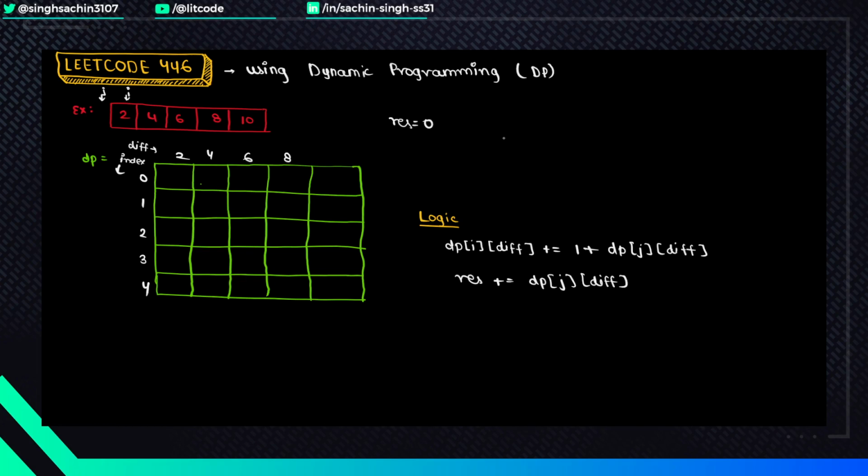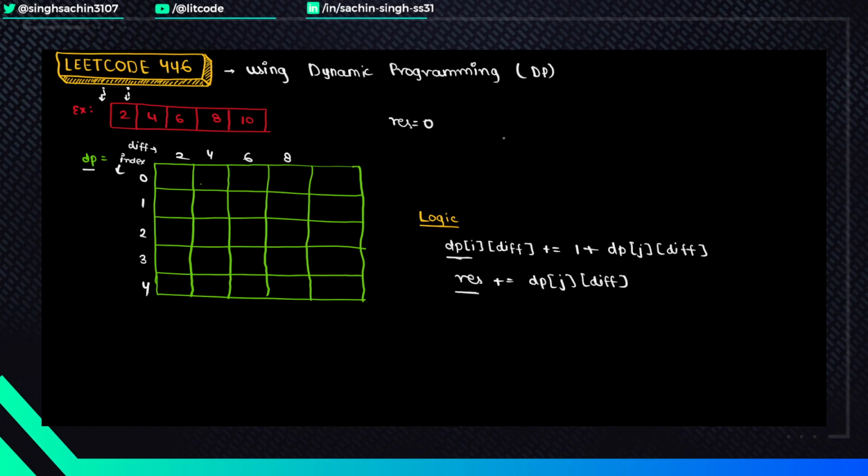I'll also be maintaining a DP 2D matrix, a 2D array, as the dynamic programming structure. For every element we will add 1 plus the result at the previous element. We will see what exactly this formula does, and we'll also keep track of the number of sequences which we can make.